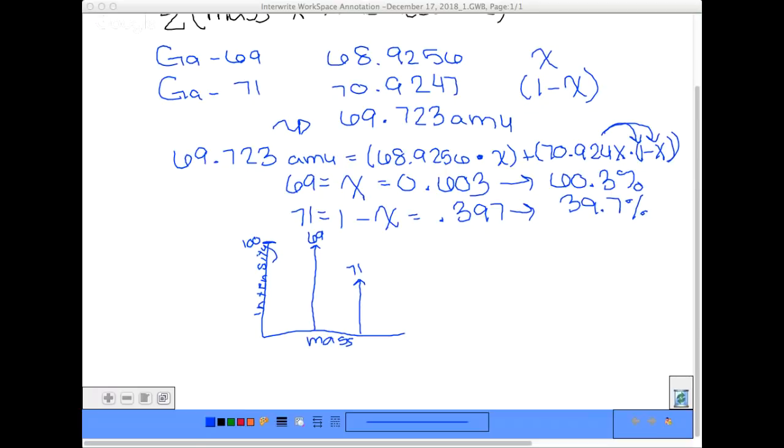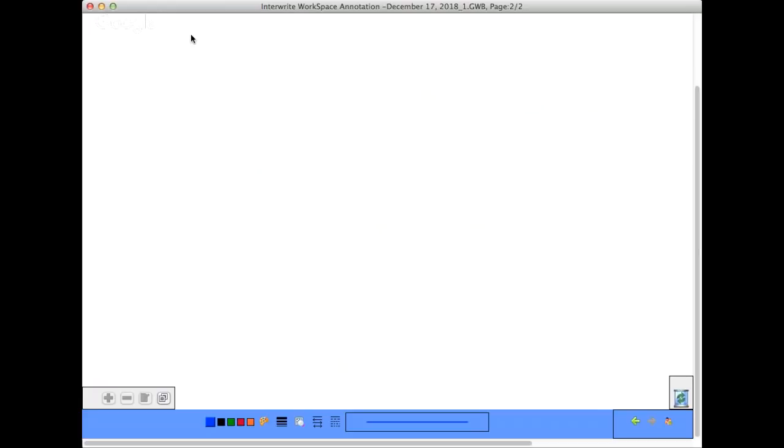All right. Okay, so looking at specific heats conceptually. So specific heats.